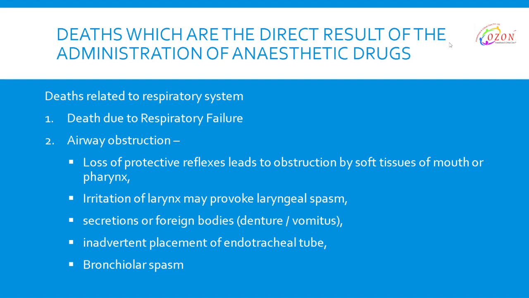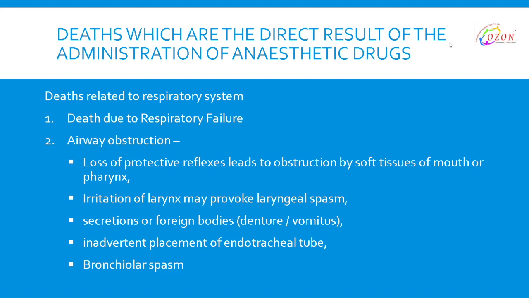So hypoxemia because of the respiratory failure, and initially it might not be visible, it might not be that serious, but ultimately results in anoxia and cyanosis. If there is no proper monitoring, then it might result in death because of hypoxic damage. Then airway obstruction.